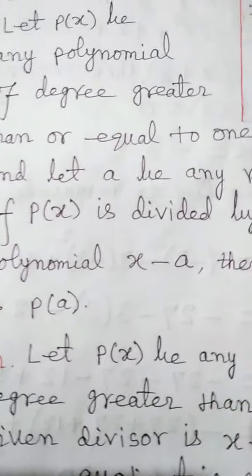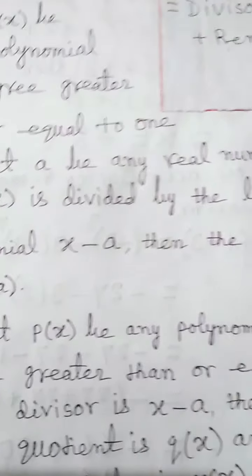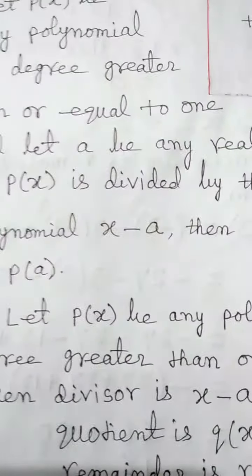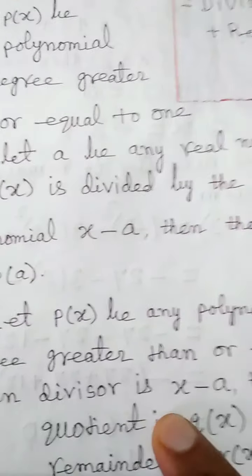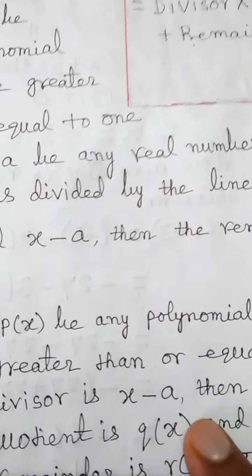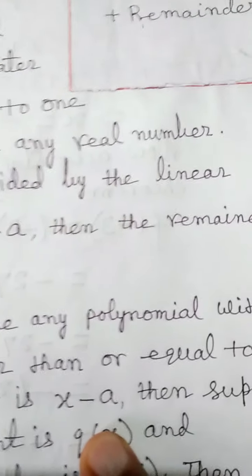Let P(x) be any polynomial with degree greater than or equal to 1. The degree of this P(x) is either 1 or greater than 1. Given divisor is x minus a, we need to divide this P(x) by this polynomial x minus a.